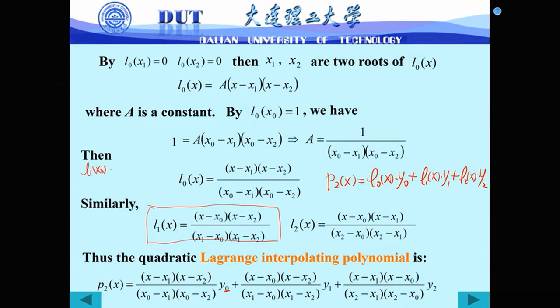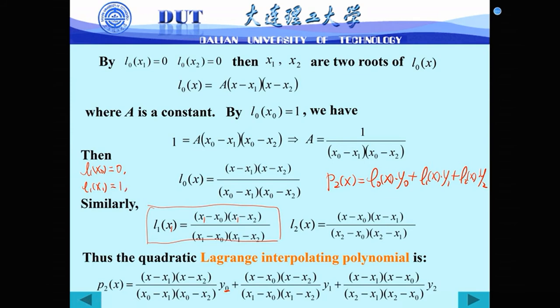L1 at x0, the function value. Now replace x by x0. You see, this term is 0, so the ratio is 0, right? And L1 at x1: if we replace x by x1, we have the same numerator and denominator, so the function value is 1.